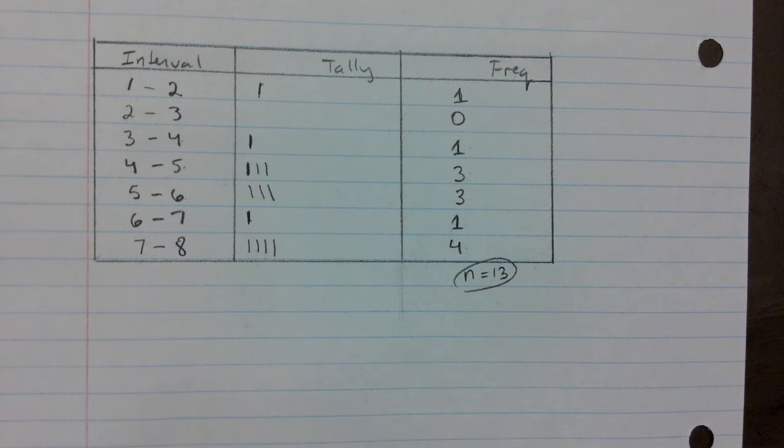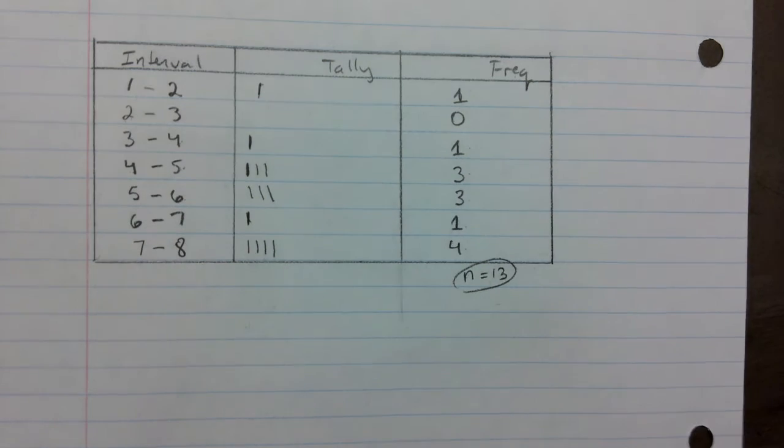Half an hour increments would double this thing. So you go from 1 to 1.5, 1.5 to 2, 2 to 2.5, and so forth. That's fine as well. As long as you're consistent, I'm fine. It's almost like the scale. When you pick a scale, as long as you're consistent, I wouldn't dock any marks. Same thing here.